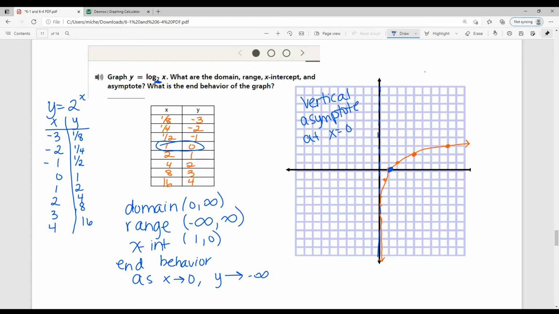That's saying as we get closer and closer to that vertical asymptote, the y values are decreasing. And as the x values approach infinity, as they get larger and larger, the y values are getting bigger. Not as fast as the exponential function, but still eventually infinity. So we'll put infinity right there.